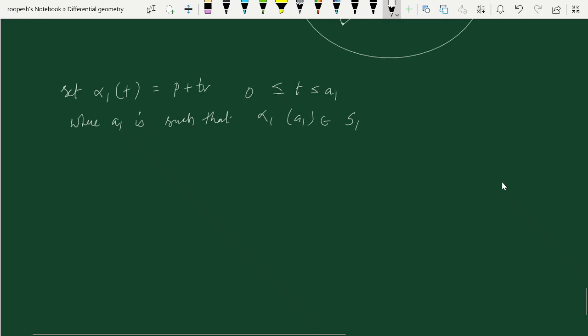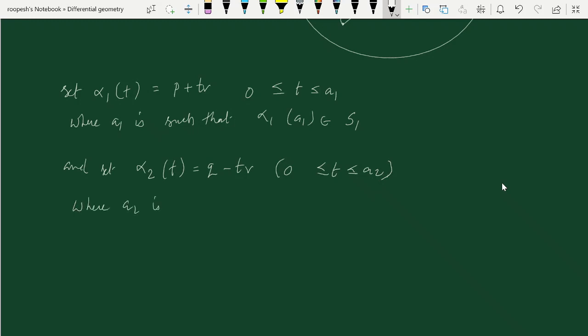Next, set alpha 2 of t equal to Q minus tV, where 0 less than or equal to t less than or equal to a2, where a2 is such that alpha 2 of a2 belongs to S1.